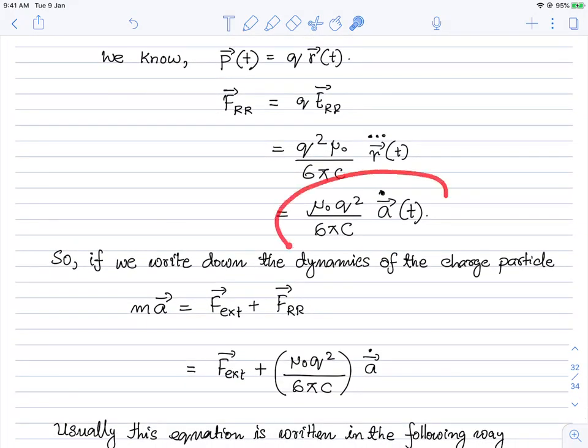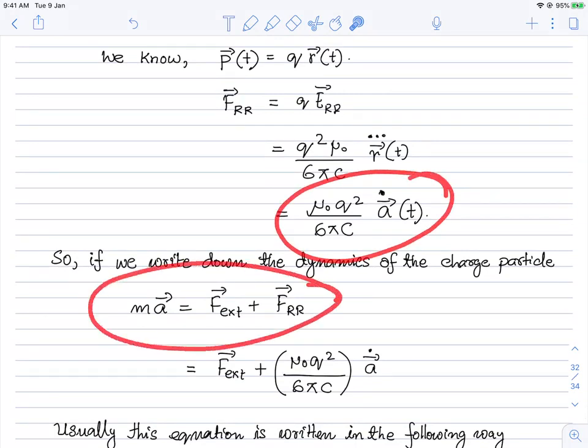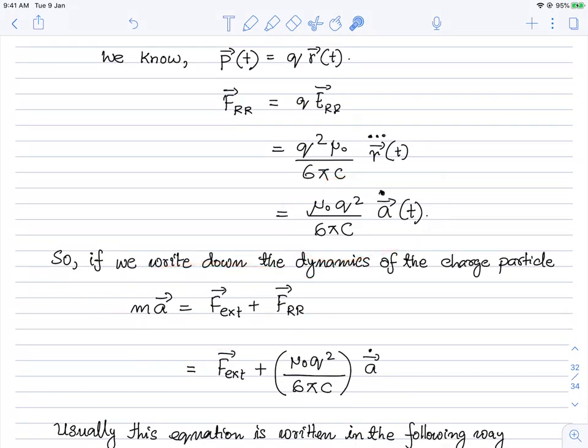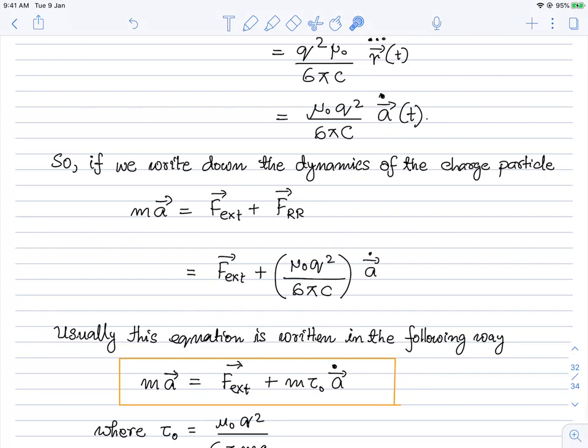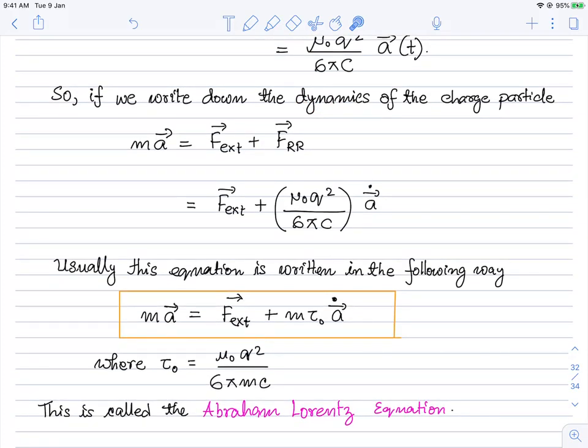Now, if you take this force and write down Newton's law, this equation is called the Abraham-Lorentz equation. I can write mass times acceleration equal to the total force. So the total force has this external force part and the radiation reaction force part. This radiation reaction force part is proportional to the time derivative of acceleration, and you get this term. It is usual to write it in this way.